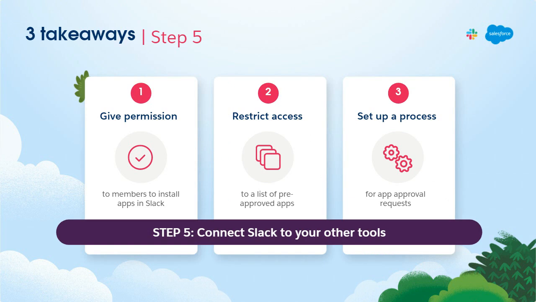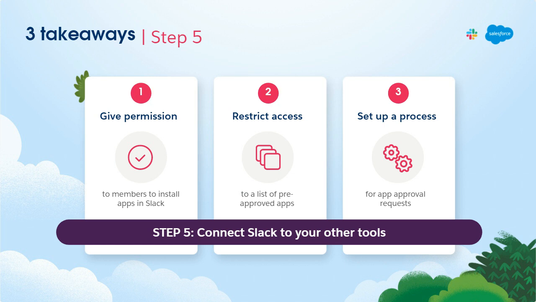Okay. So just to summarize a few takeaways before we move forward, you're going to have the ability to allow members to install apps in Slack, and you should. It's what makes life a lot more productive. We're going to see a huge increase in the productivity of these apps and the use of these apps by installing them directly into your Slack. You also have the ability to set up a pre-approved list of apps that end users can integrate via our Slack directory.